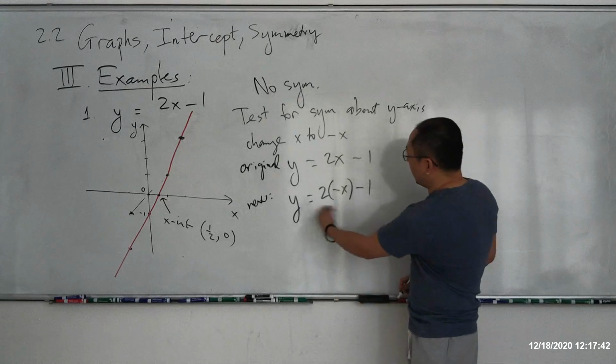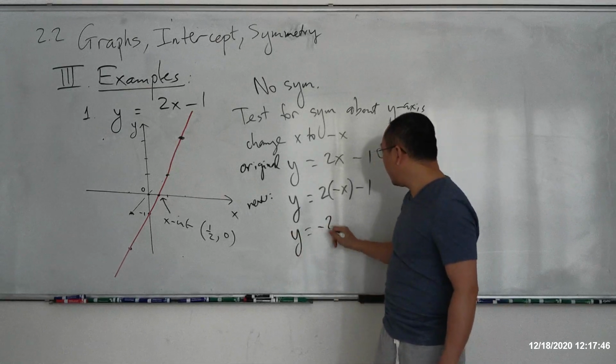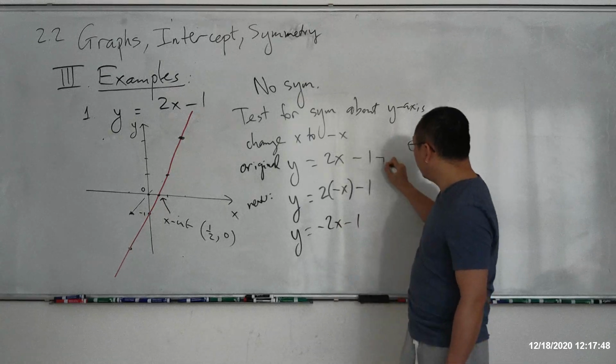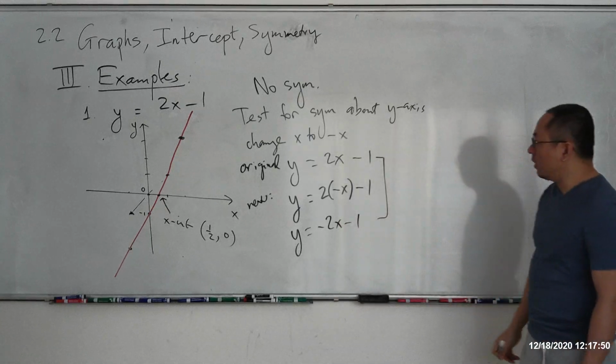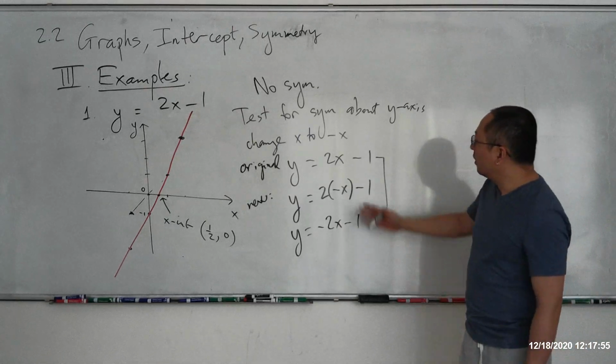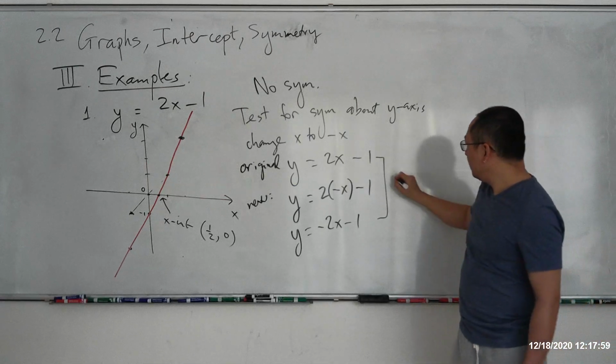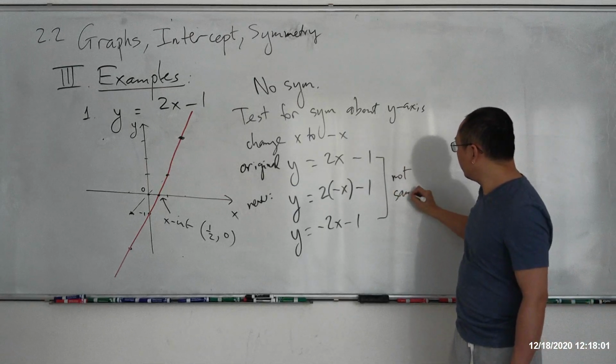Of course, I can simplify the new equation: y equal to negative 2x minus 1. You see that those two equations are not the same. So there's no symmetry about the y-axis.